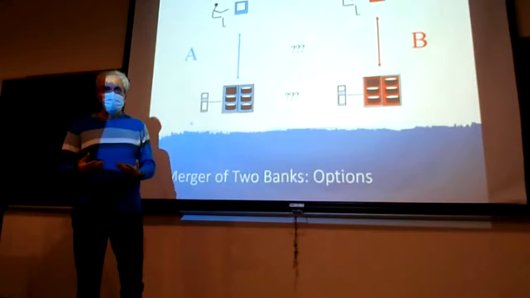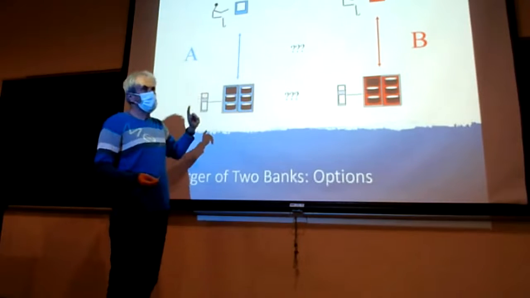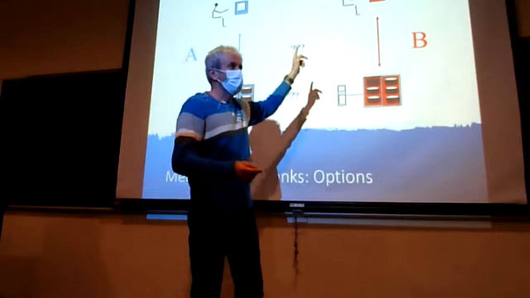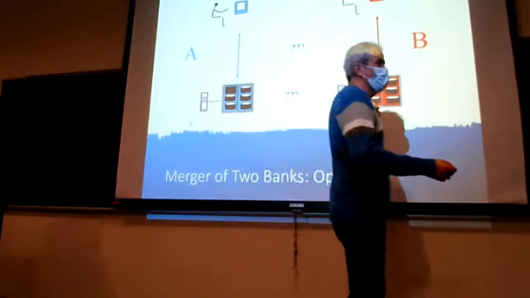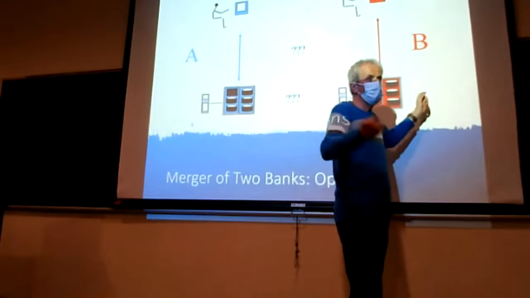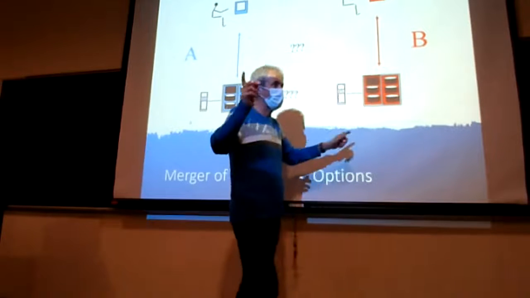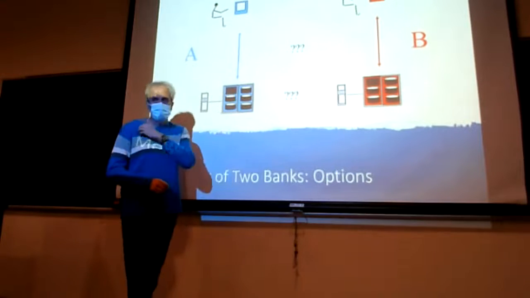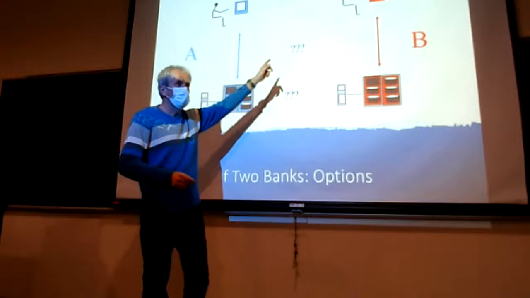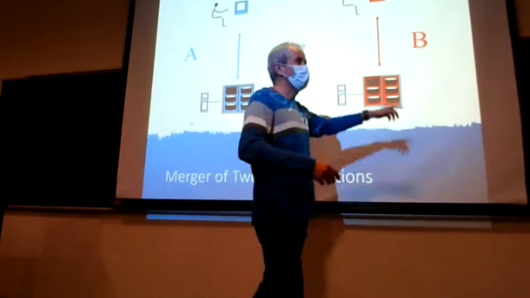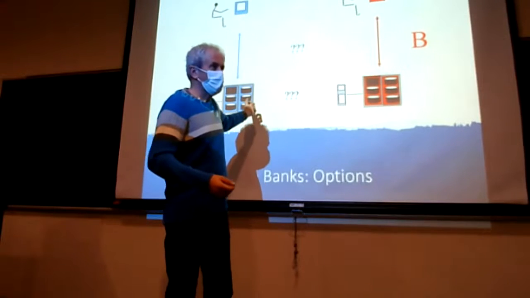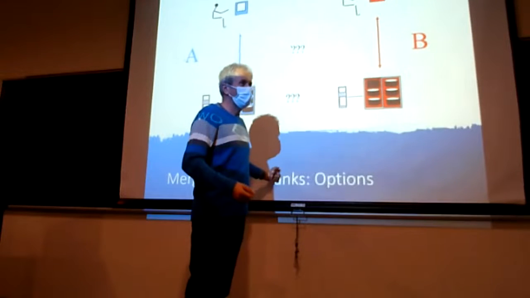You could update the interface for A, providing a new function for having a brokerage account, which might still be maintained here. So you run two separate database systems in parallel. And you update the user interface for A, refresh it, and provide a functionality to open a mortgage account, but the mortgage account is maintained here.